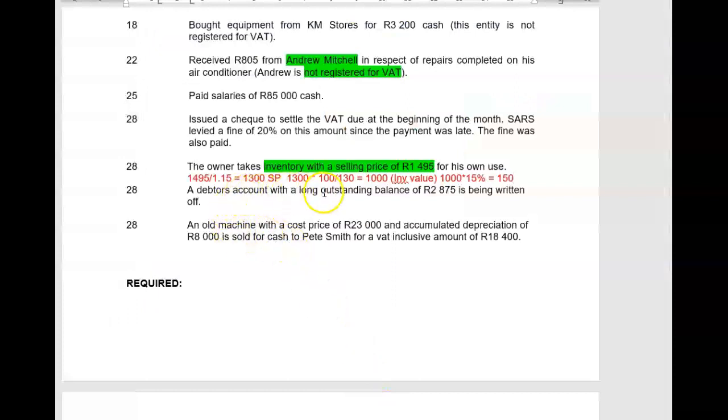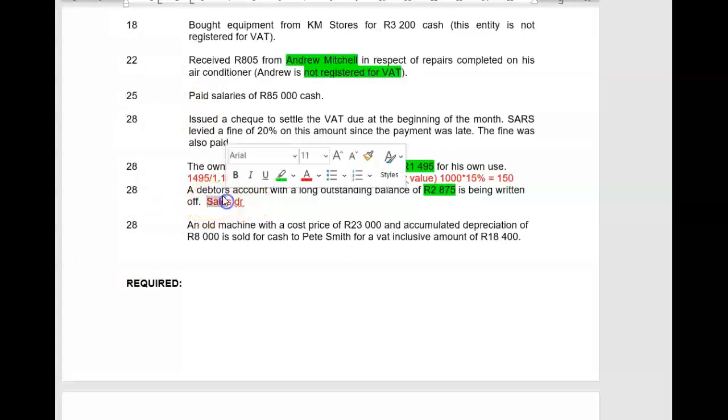A debtors account with a long outstanding balance of 2,875 is being written off. Guys, what was our initial entry when we recorded that? We said debtors, with the invoice amount, debit with 2,875.